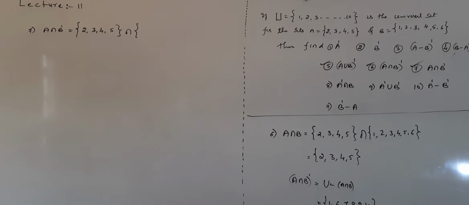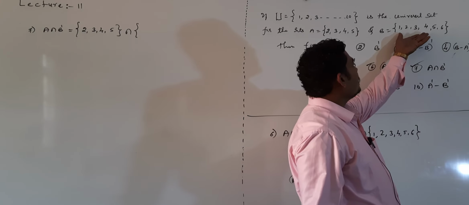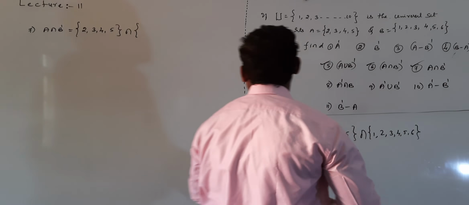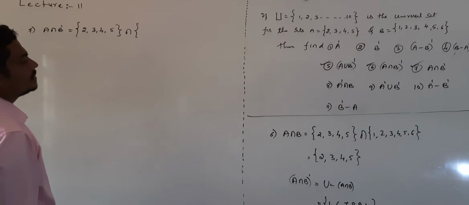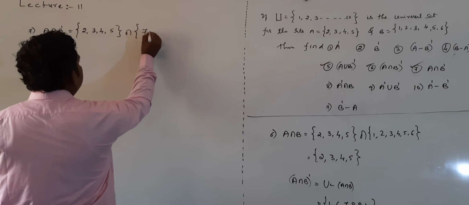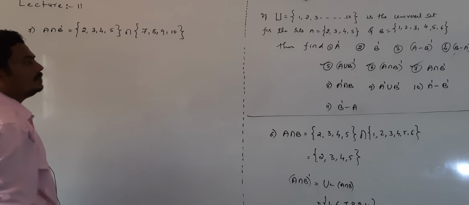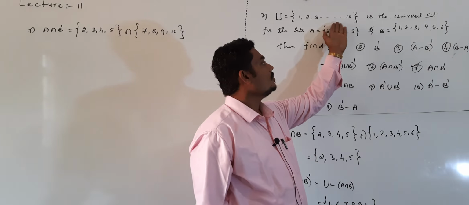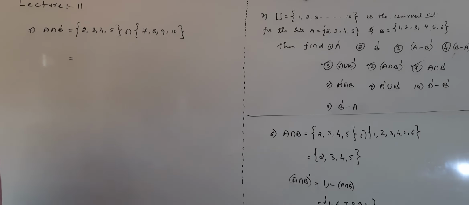Directly I will write B complement. What is B complement? B complement means U minus B. B complement is 7, 8, 9 and 10. This is our B complement. B complement means U minus B. Now, intersection.